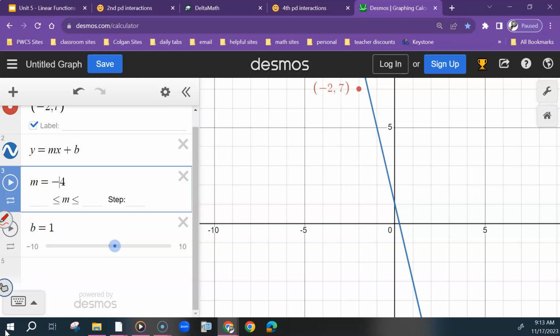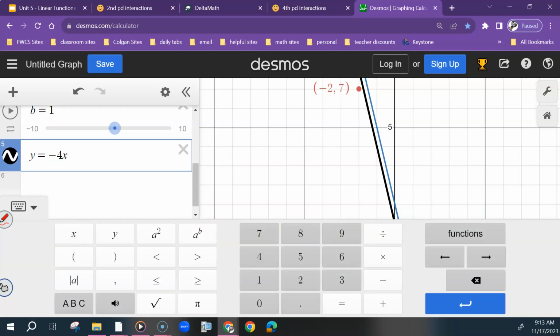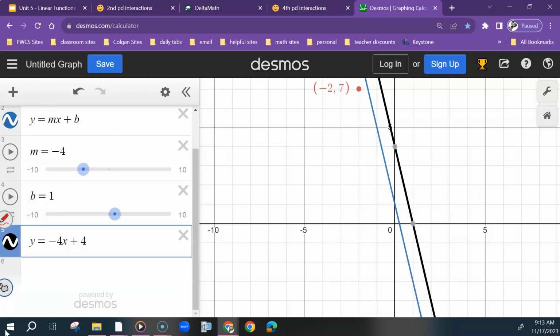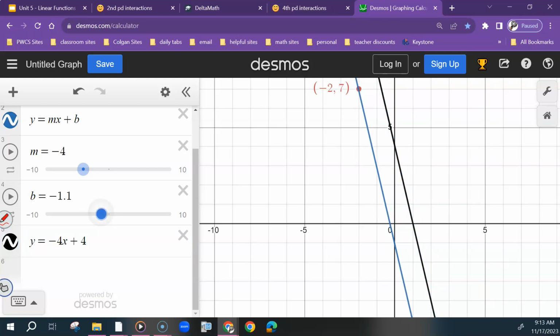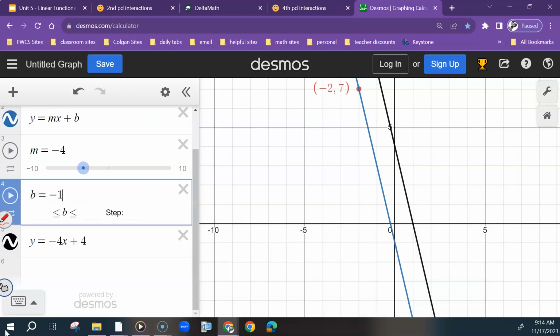Also, I'm going to type in the original, y equals -4x plus 1. So you can either hit play and let it move, or you can move it by yourself. Move that y-intercept until that line goes through that point. And that's a good way to check yourself for these problems.